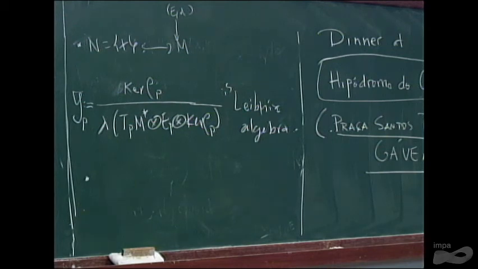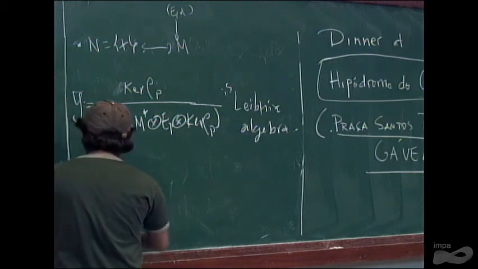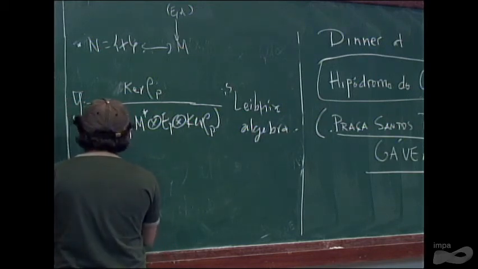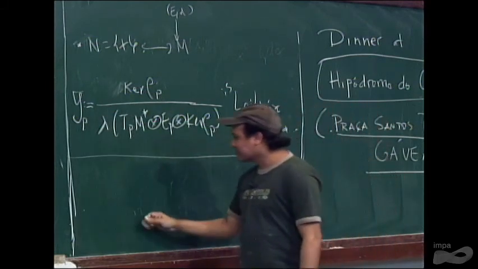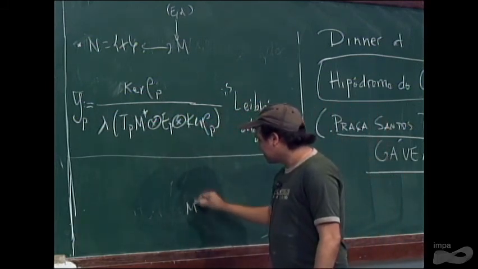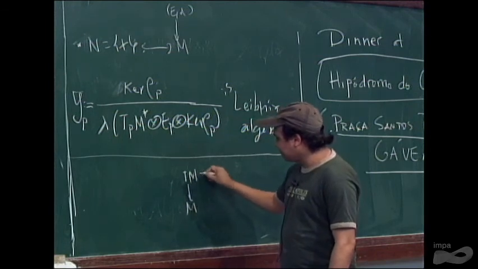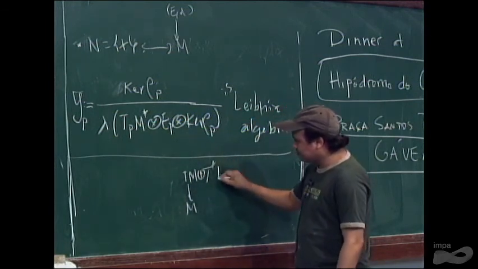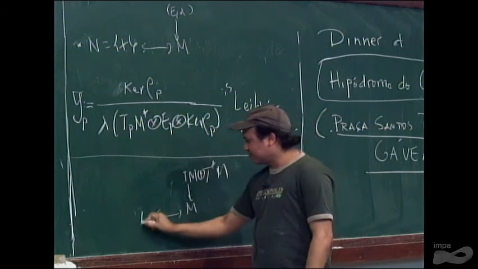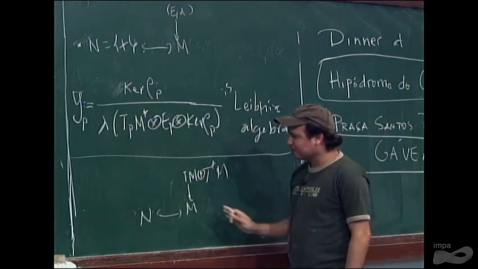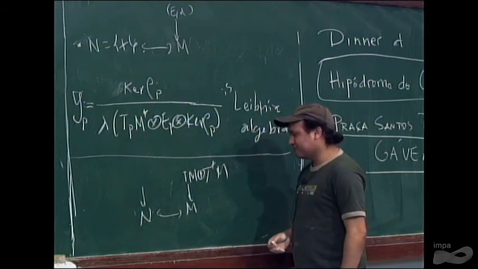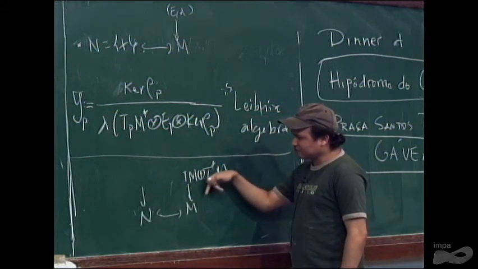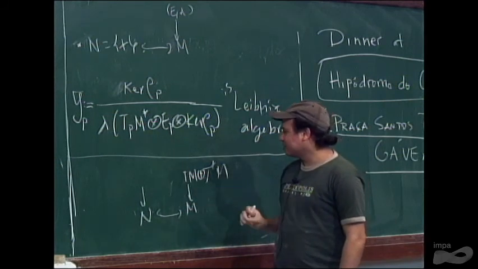Another example, I won't talk about this other example, so I will finish it now. There are some other examples. For example, if you have this T plus T star of M, and you consider a submanifold of it, then you can calculate the pullback, because every submanifold is transverse, so you can make this pullback.